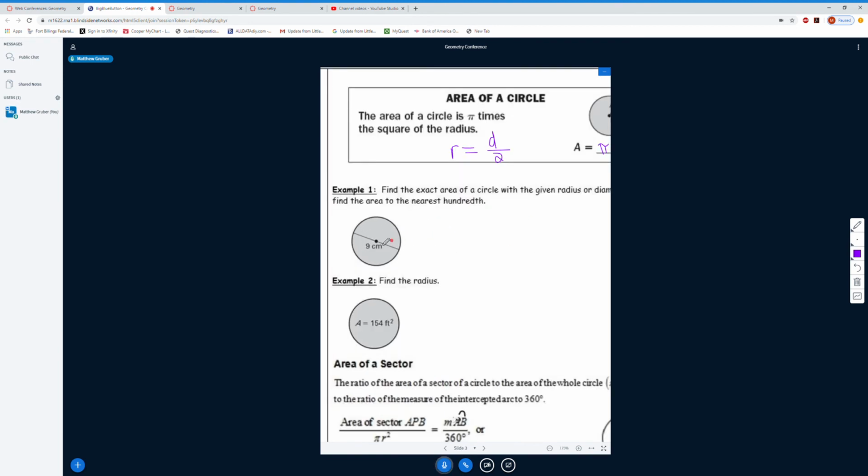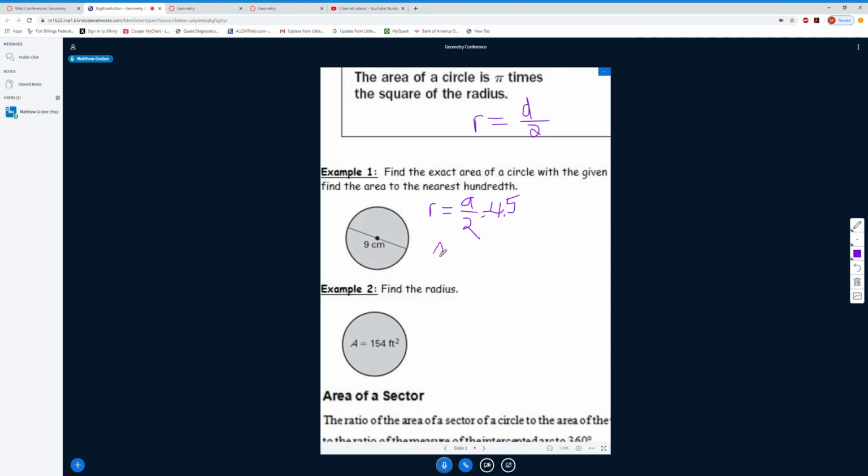So, first one, they gave me the diameter. So before I can use pi r squared, I need to find the radius. The radius is going to be the diameter divided by 2, so 9/2, which is 4.5. So if the radius is 4.5, the area of this circle is going to be pi times r squared. Remember your order of operations.